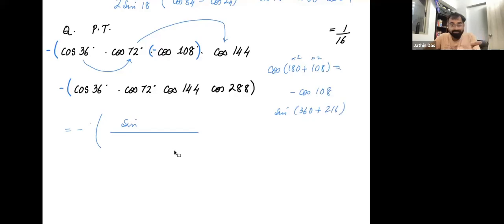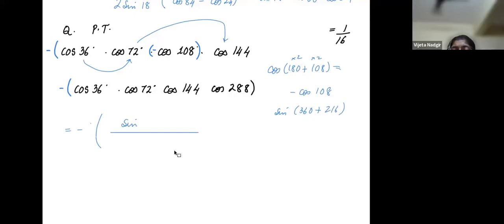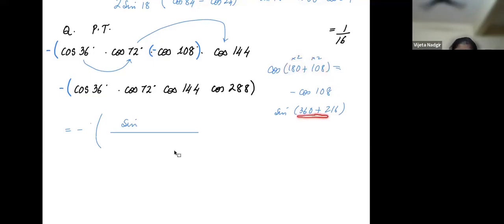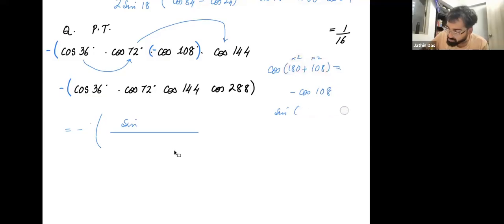See, so easier. 216. Twice of 288, how will it come? Double of this, double of this. Oh, okay. And anyway, 360 plus is useless. So I'll write 216. Correct? Okay. And that is sine of 180 plus 36.